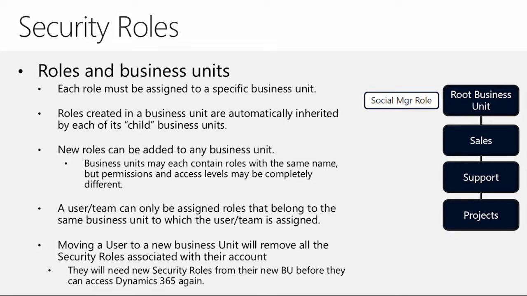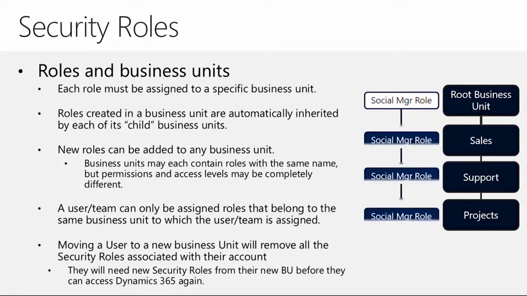So for example, if I were to create at the root business unit level a sales manager role, the system says, okay, well, since sales, support, and projects are all a part of that same business unit structure, I am going to create that same sales manager role at each one of those levels.